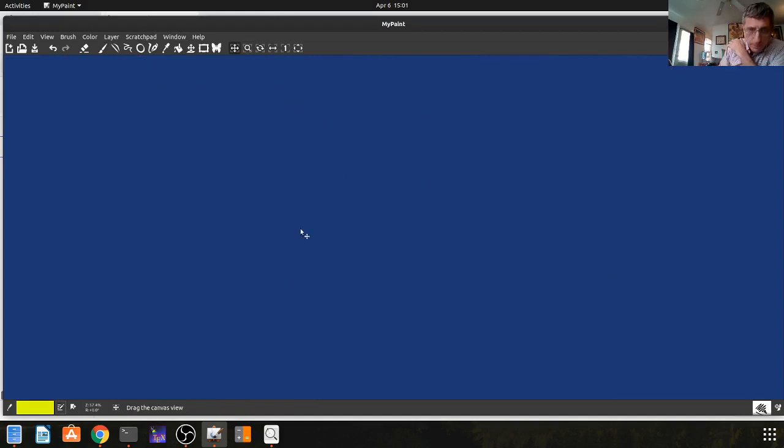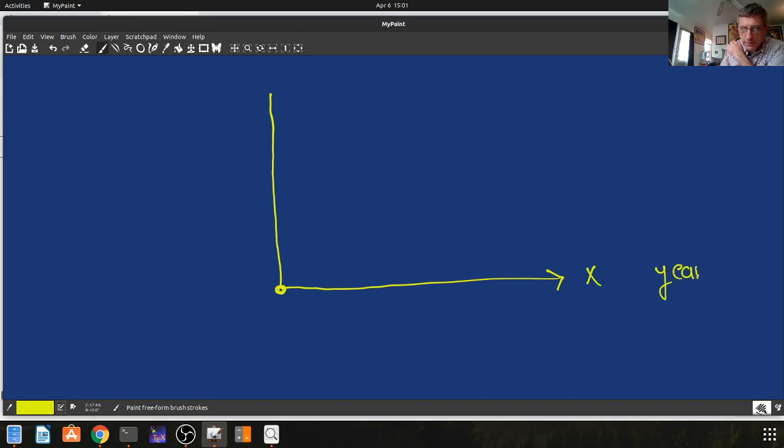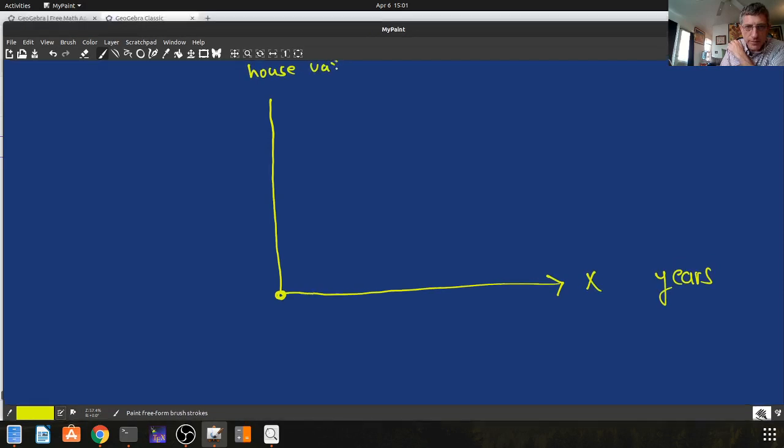So we're going to have an example of when our axes change. We're just going to look at the first quadrant. This is still going to be my origin right here, but I'm just going to draw the positive values. So x is going to stand for years, and y is going to stand for house value.